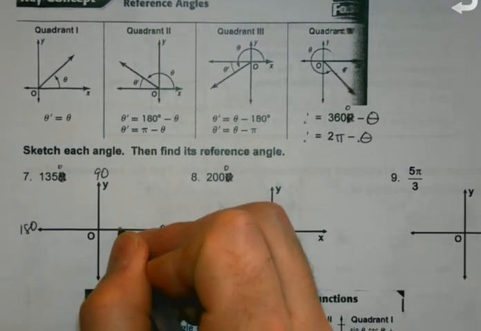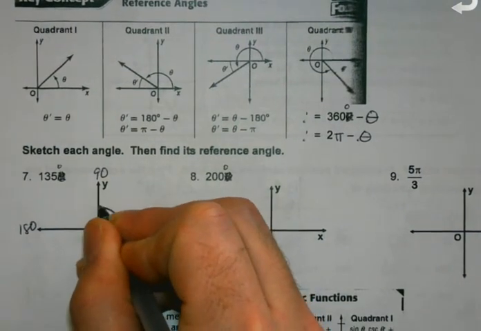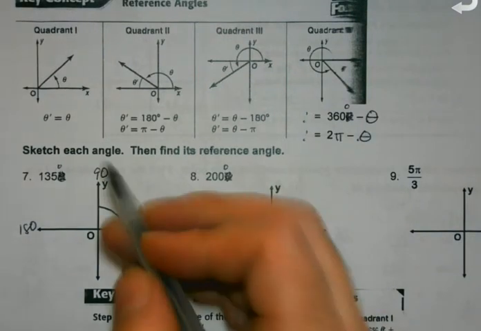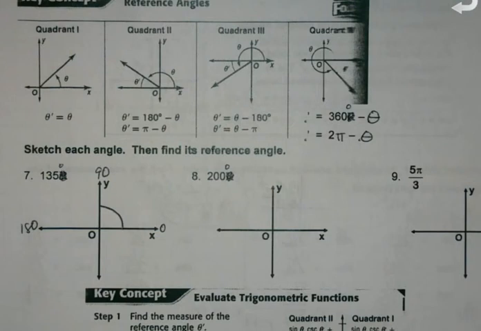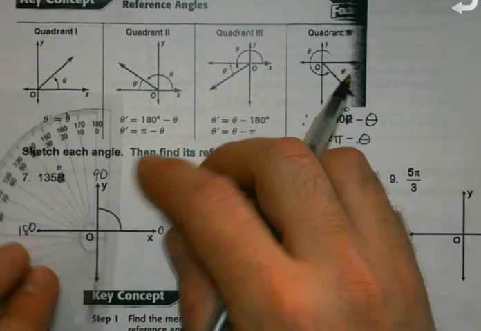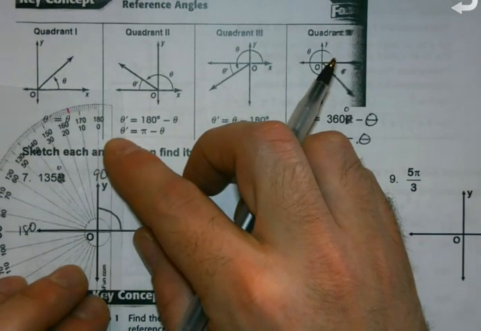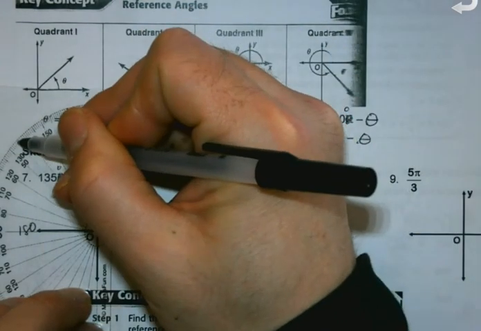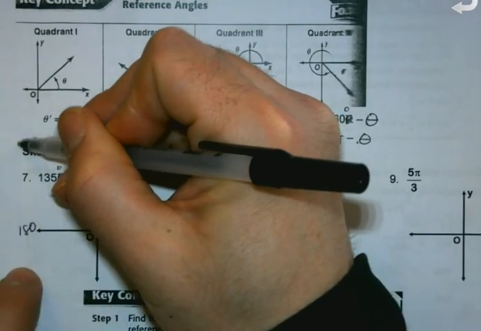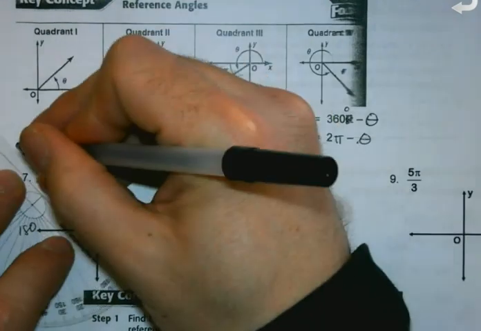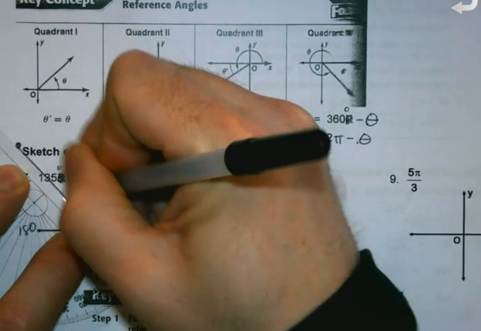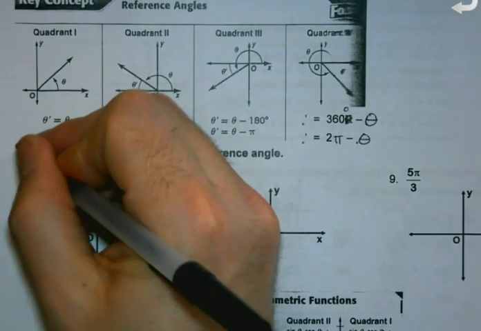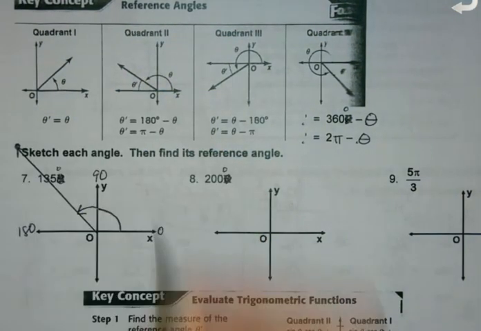Once I get to the 90, how much more do I need to get from 90 to 135? 45. So, get lined up. I go find my 45, get this drawn in, and mark that through.